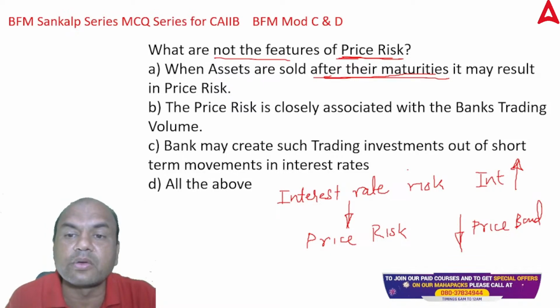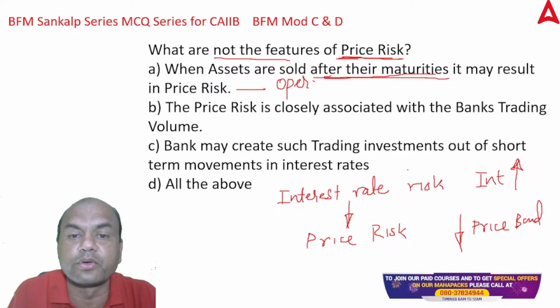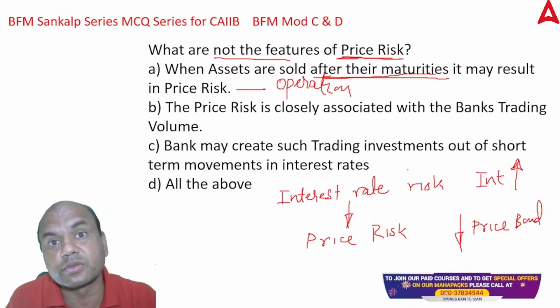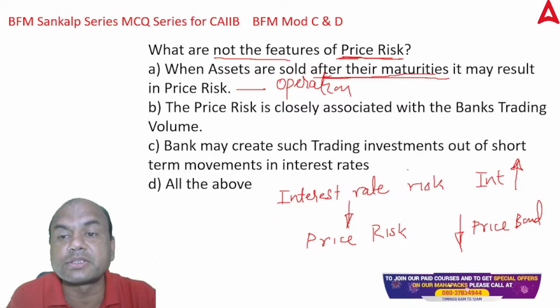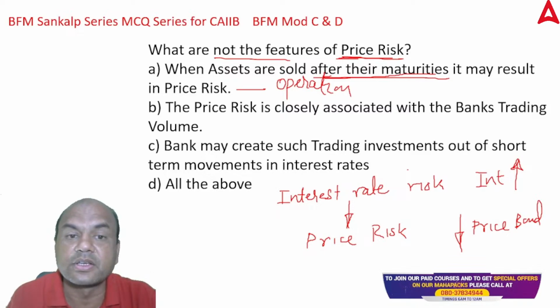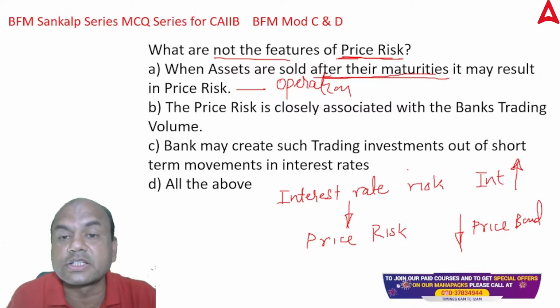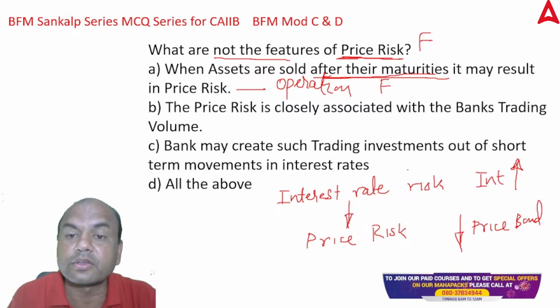Up to the maturity, only the price risk is there. This is known as operations risk. This is the part of operations risk. If you hold the bonds after the maturity also, it means your operation team is not working properly. So when the assets are sold after the maturity, it may result in price risk. So not a feature. We want the false one, and this is the false one. Okay, so this is true.